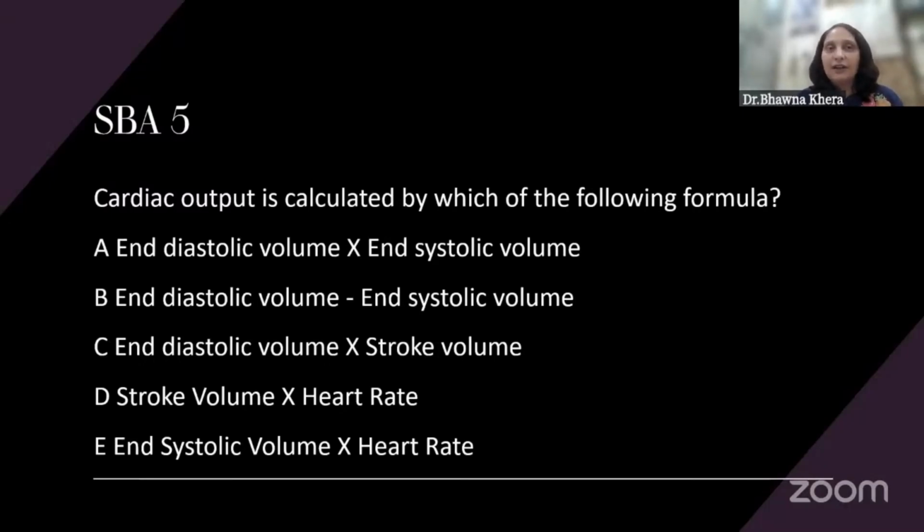So what is it actually? It is stroke volume multiplied by the heart rate. So cardiac output is calculated by the formula of stroke volume multiplied by heart rate.